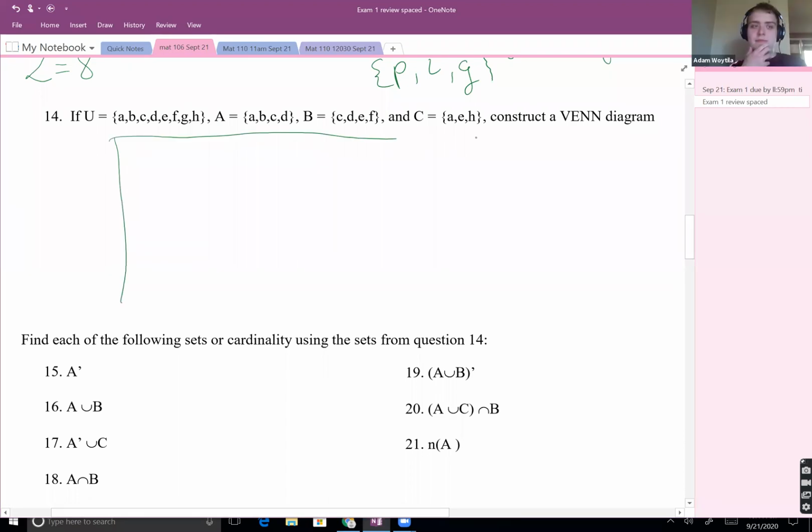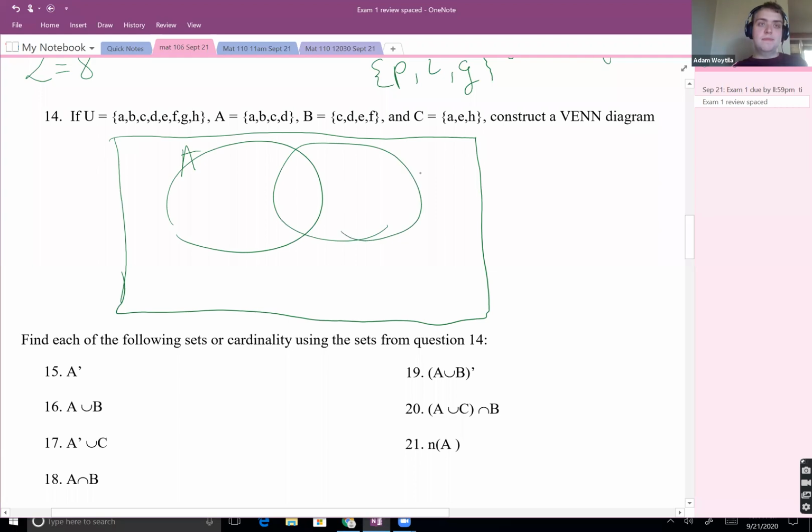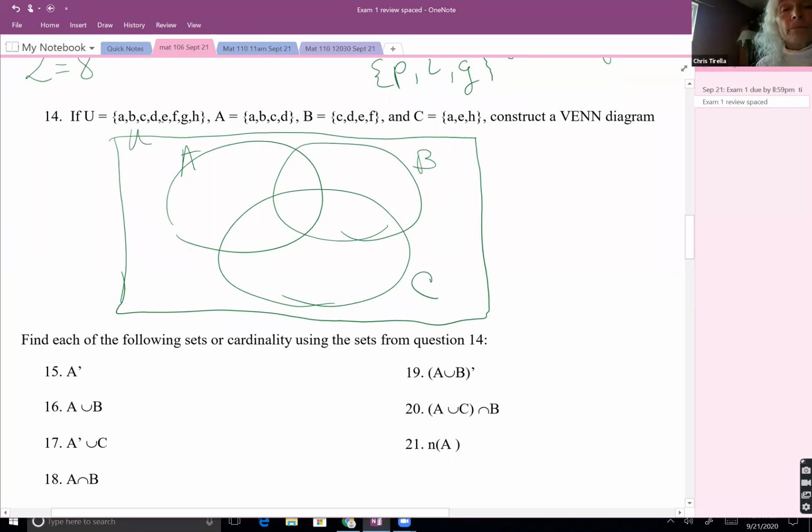Venn diagram. How many loops? 3 loops. Where do I begin? Middle? Okay, is there anything common to everybody? No. Is there anything common to A and B?